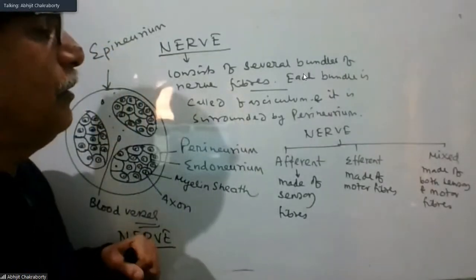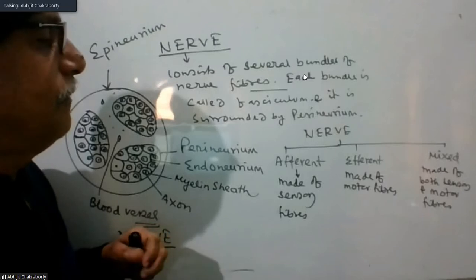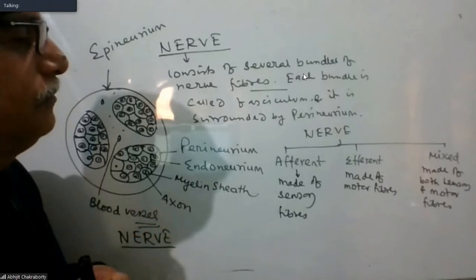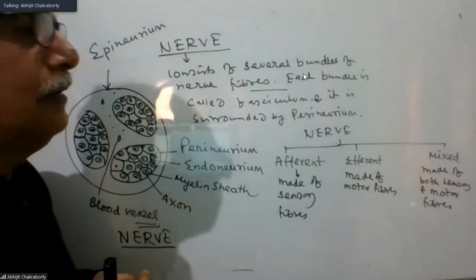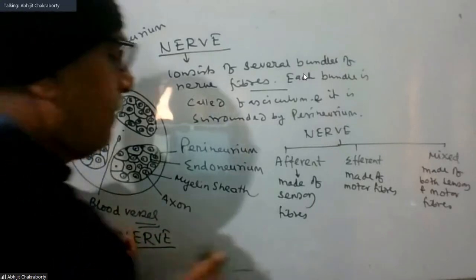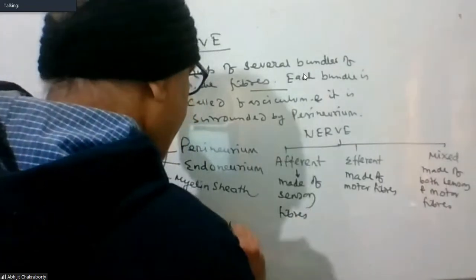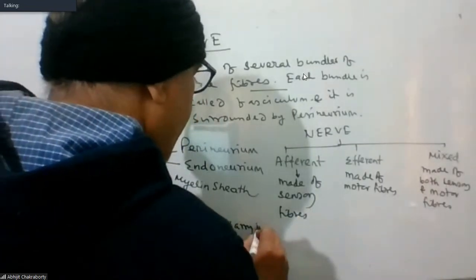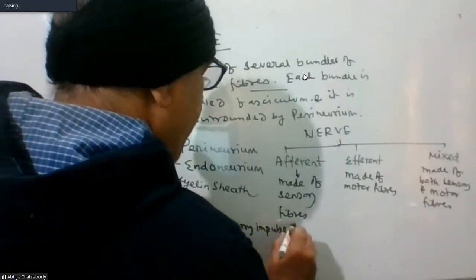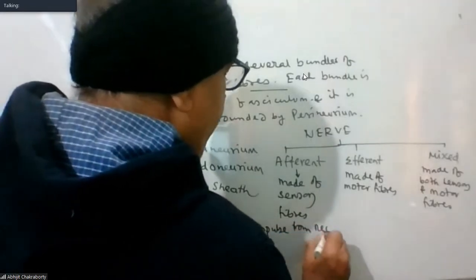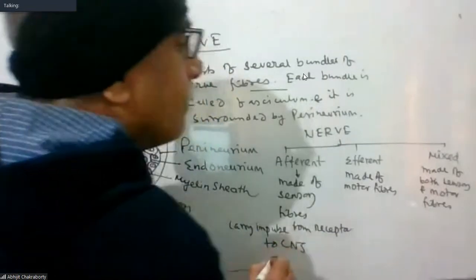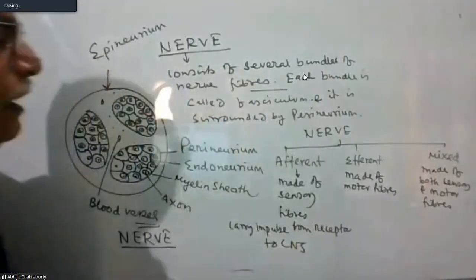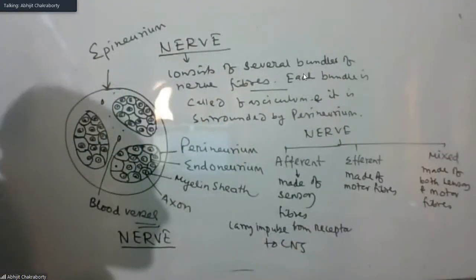So this is what about the nerve. Afferent neuron: sensory fibers carrying information from receptor to CNS. So afferent neuron carries impulse from receptor to CNS.